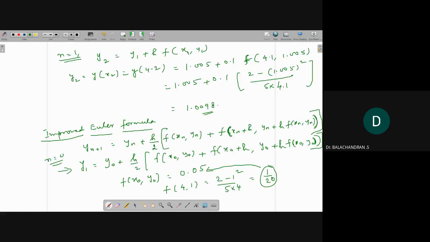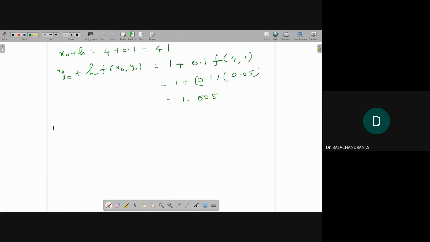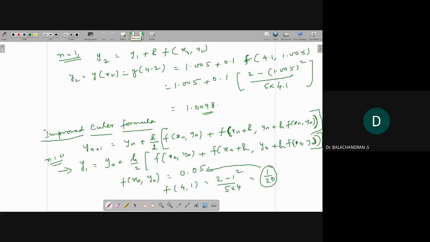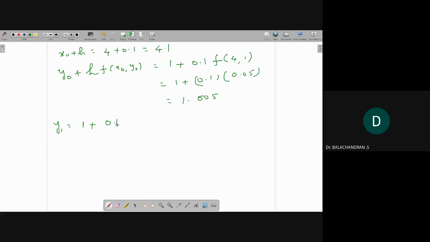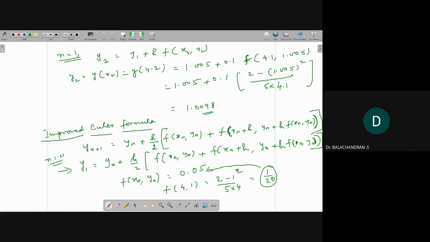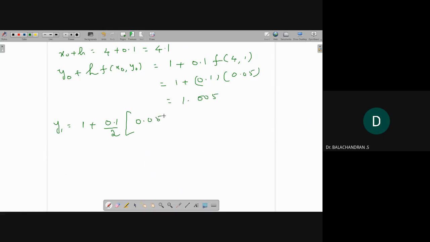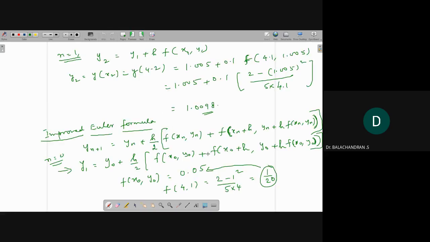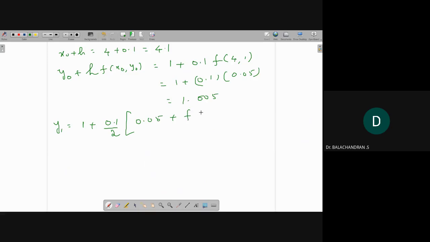Y1 is equal to y naught, which is 1, plus h by 2, where h is 0.1 divided by 2, into f of x naught comma y naught, which is 0.05, plus f of 4.1 comma 1.005.